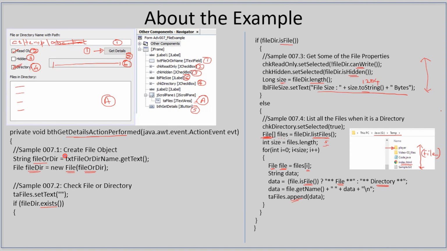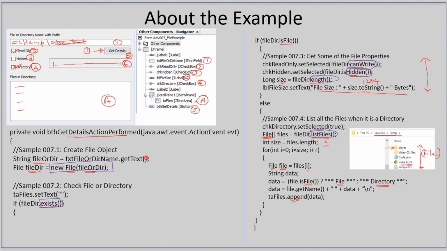Here you can see how we are constructing the File. After that, we make use of the function exists. Then we make use of canWrite, isHidden, length, listFiles.